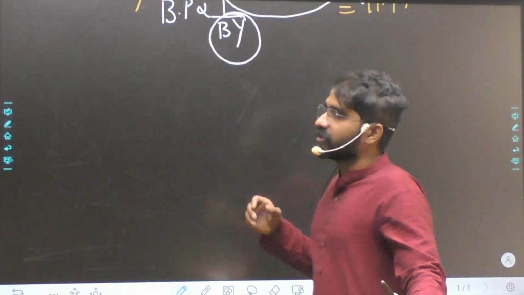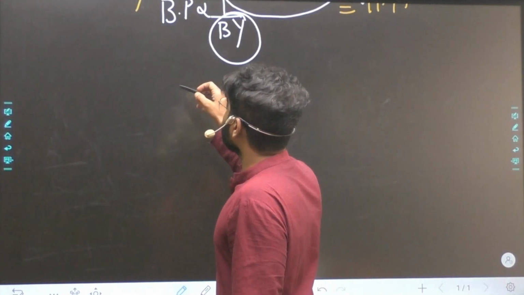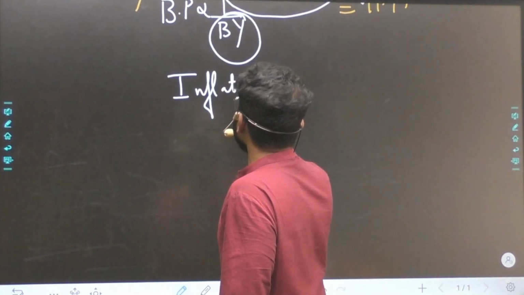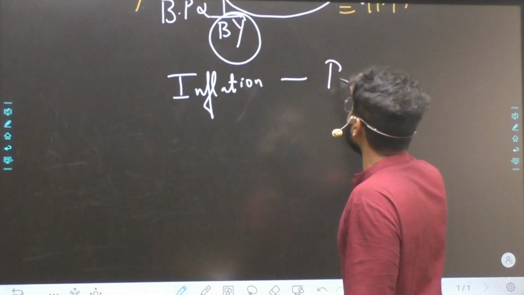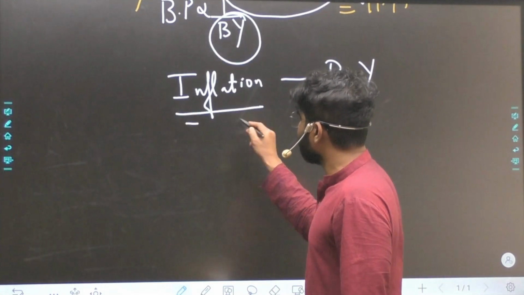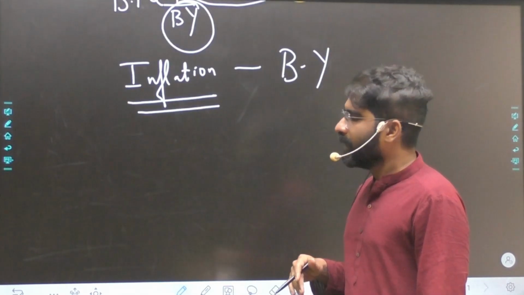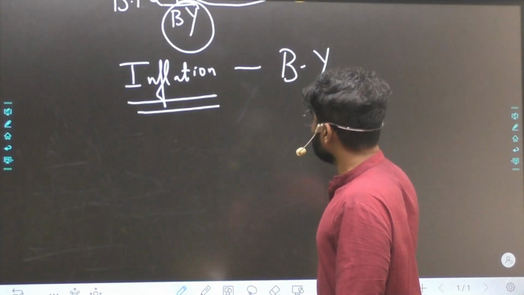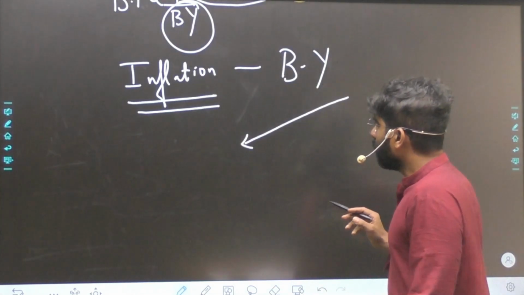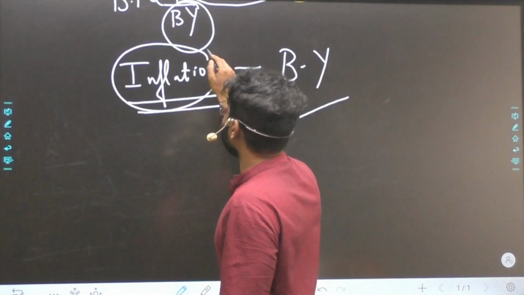Now, several factors. UPSC was asking several questions like, what is the impact of, let's say, inflation? Will inflation have any impact on bond yield? Simple way to understand is, when inflation is increasing and the value of money is coming down, somebody wants to issue new bonds and raise money from the market. Suppose inflation has increased from 5 to 8%.